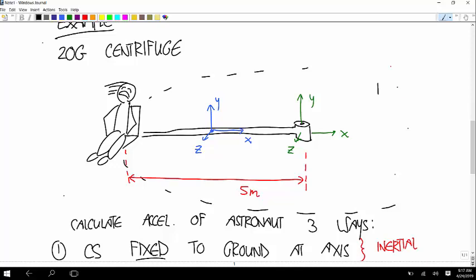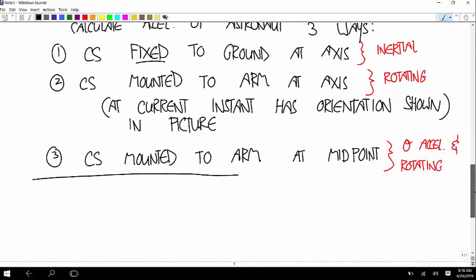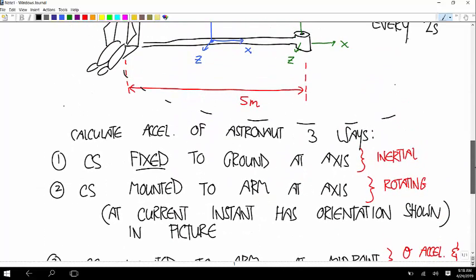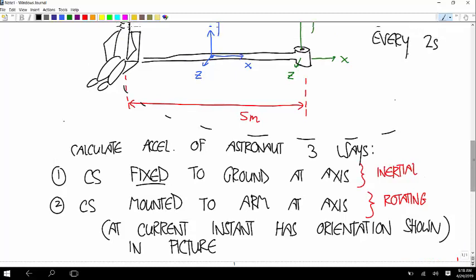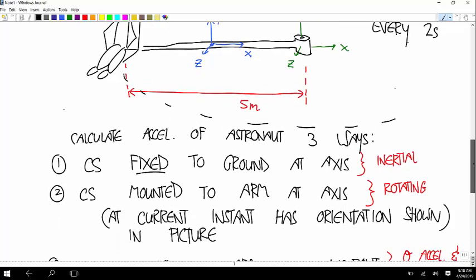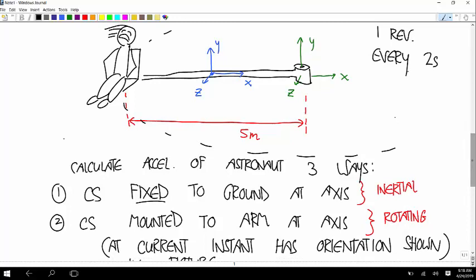One revolution every 2 seconds. And then at the end, once we get this acceleration, let's calculate the net force too.